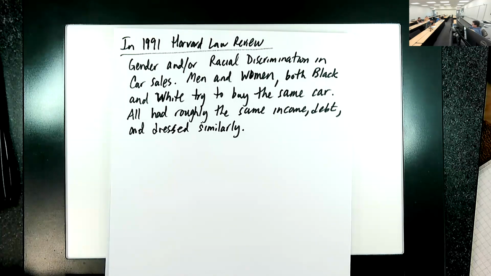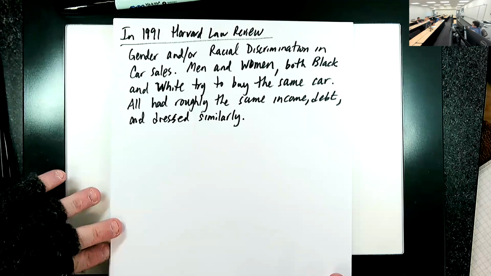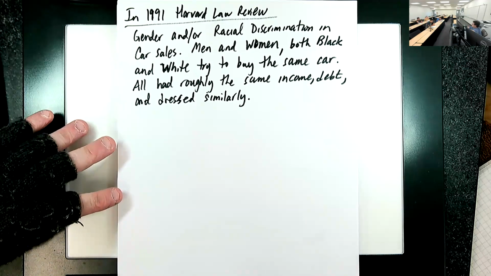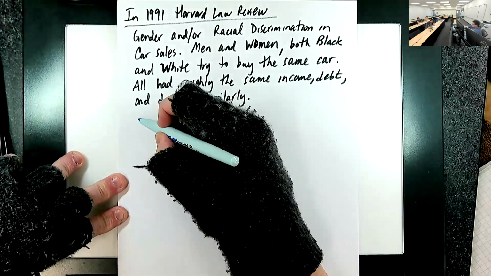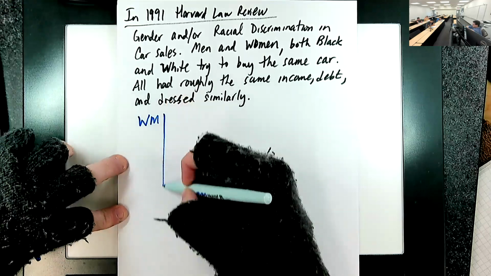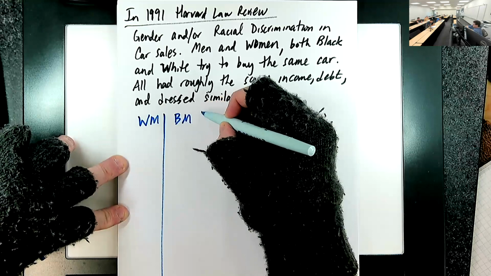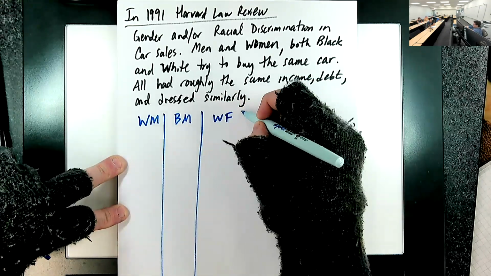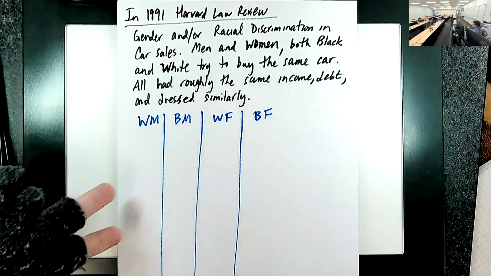So they try to be as similar as possible. The following data table shows the profit margin that was going to be had based on these categories. So WM stands for white male. BM stands for black male. WF stands for white female. And BF stands for black female, not boyfriend.